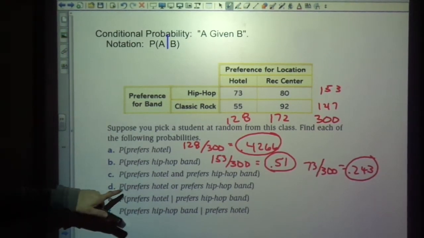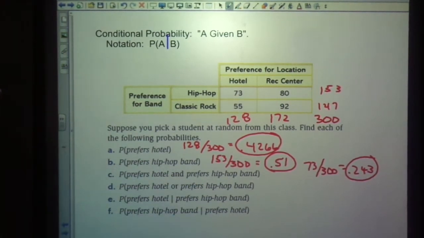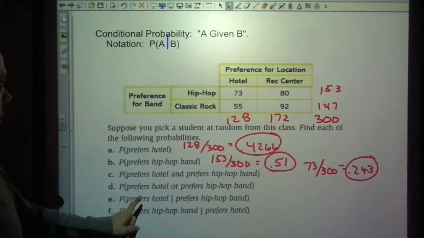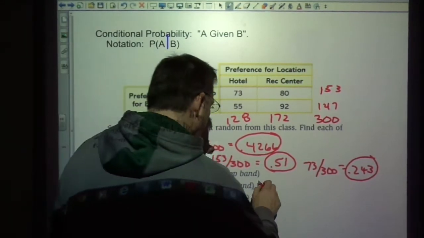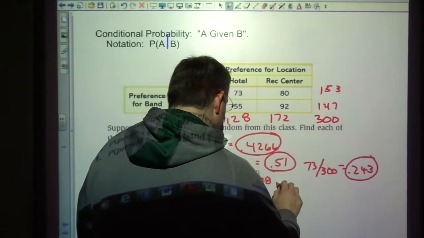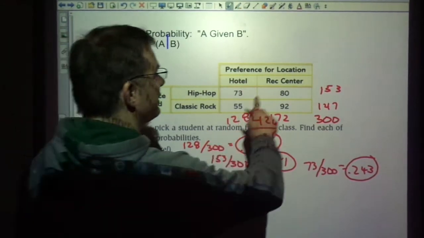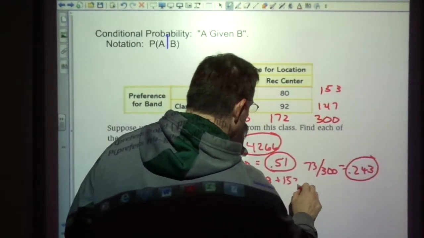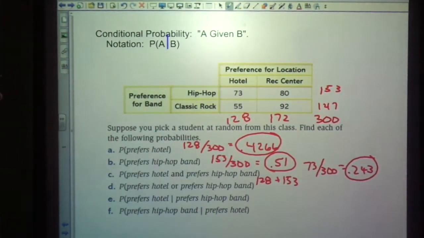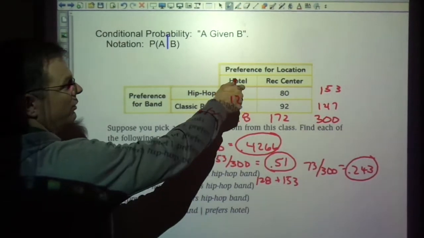Now this one: prefers a hotel or prefers hip-hop. So now they have to answer yes to one of those questions. We've learned how to do this before. Let's take all the people that like hotels, there's 128 of those, plus the people that like hip-hop, which there are 153 of those, but we have double counted the people that both like the hotel and the hip-hop.